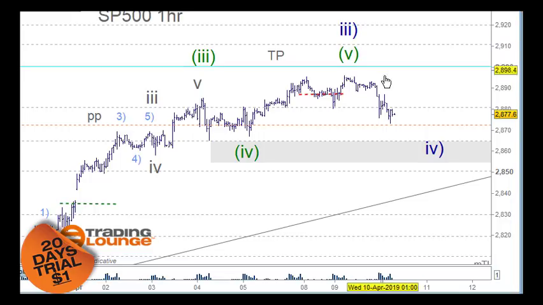In that case, as I mentioned before, we would see a little A, B and C here into the 28.50 and then come down 3, 4 and 5 if that was going to be the case. But I don't see 5 waves in this little structure to call that in as a high here. So we'll see, a little bit tricky.